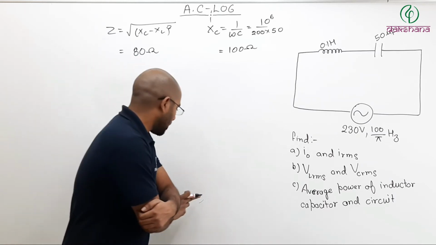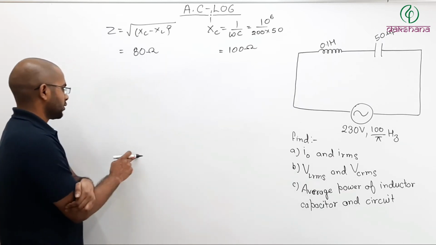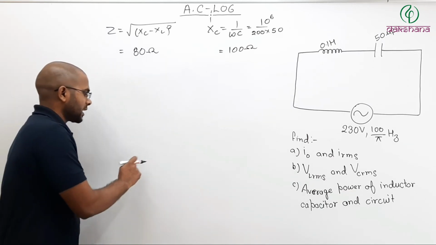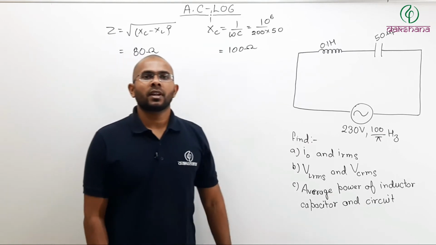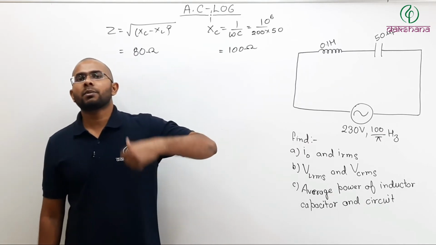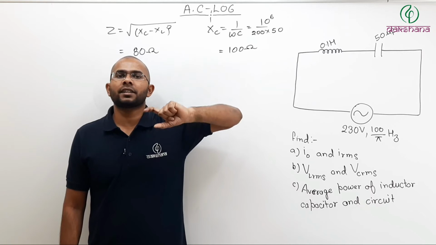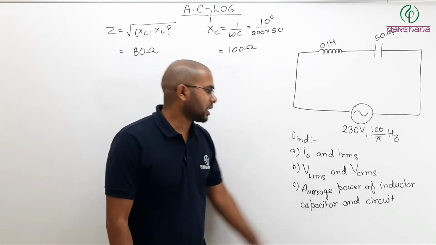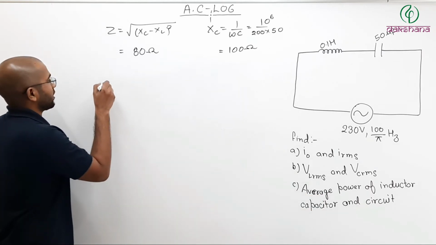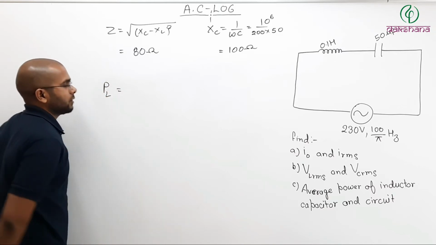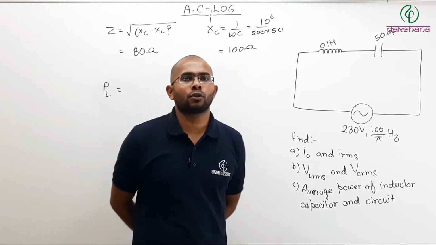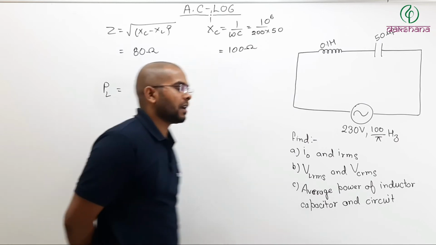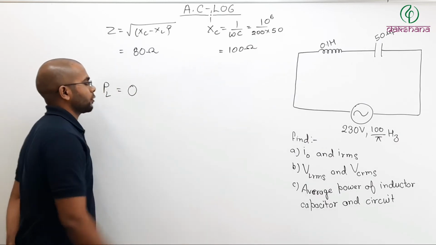In an LCR circuit, all the power is consumed by the resistor, not the inductor or the capacitor. The inductor itself does not lose any heat, so the average power of the inductor PL will be written as 0.